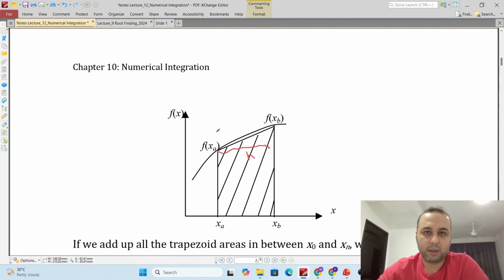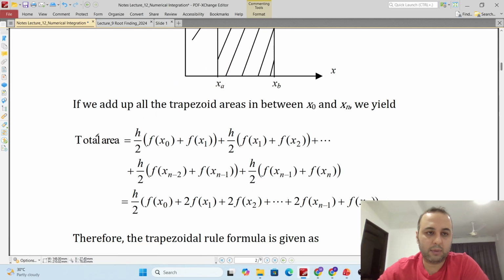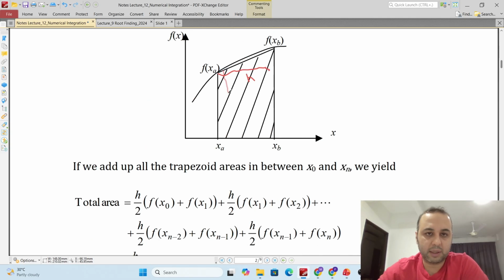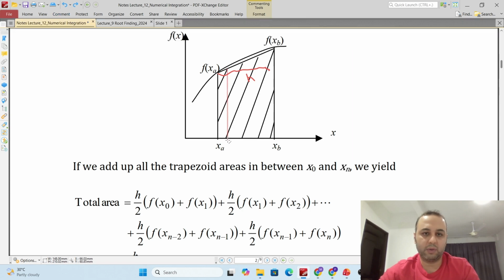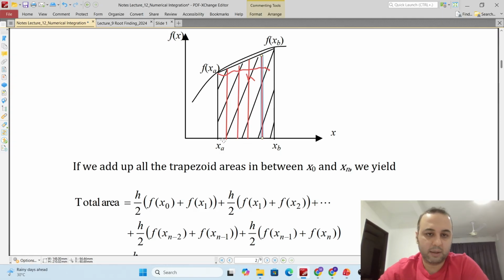So if we add up the trapezoid areas, meaning we divide it into smaller points, smaller segments, we can have a better approximation, increasing the accuracy.